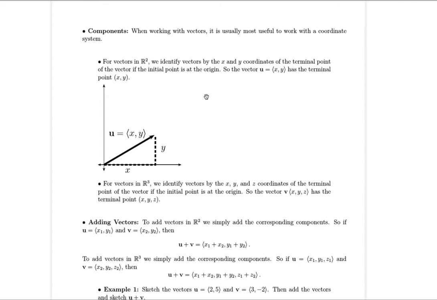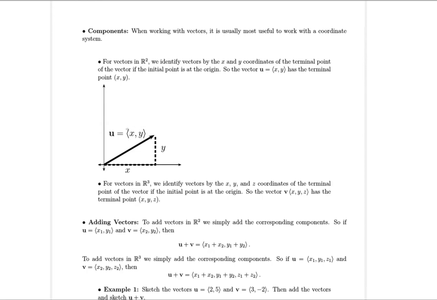So if I have a vector like in this picture here, where if I started it from the origin, I would go over x and up y to get to the terminal point, then I would call this vector ⟨x, y⟩ with these angled brackets.